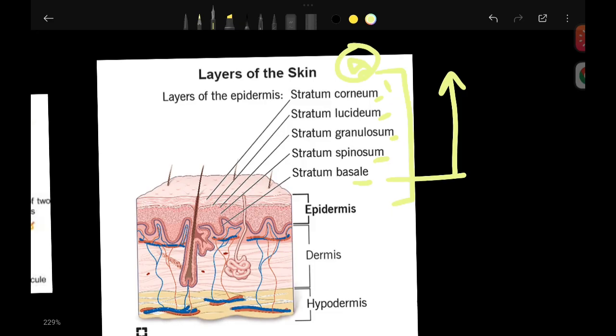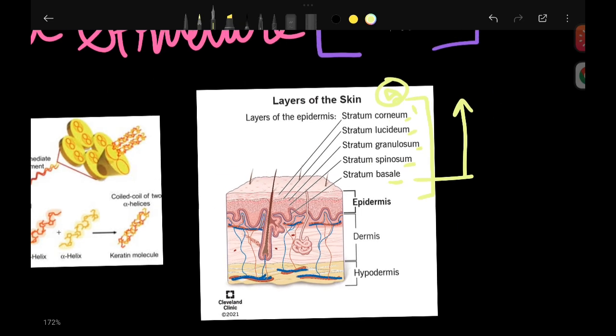Keratin is richly deposited in the stratum corneum, the outermost layer of the skin epidermis. In other words, the keratinized layer is the stratum corneum. So this is where the fungus will invade and infect.